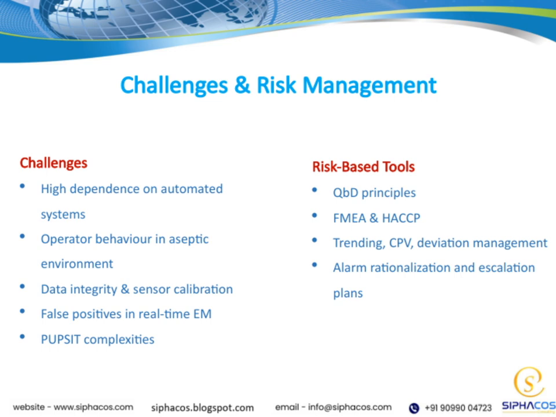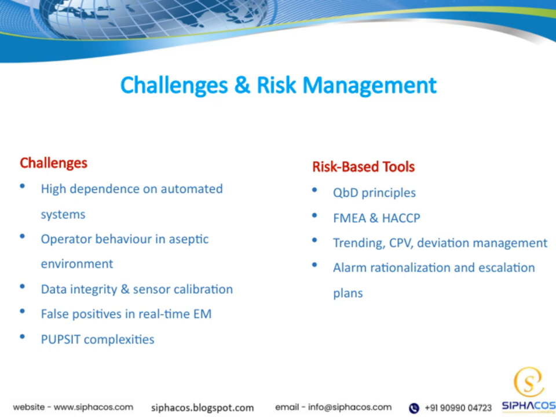We also leverage trending data, CPV, and deviation management to monitor process performance in real time and respond swiftly to anomalies. Alarm rationalization and escalation plans are vital for ensuring that alerts are meaningful and that the right people are notified promptly when issues arise.